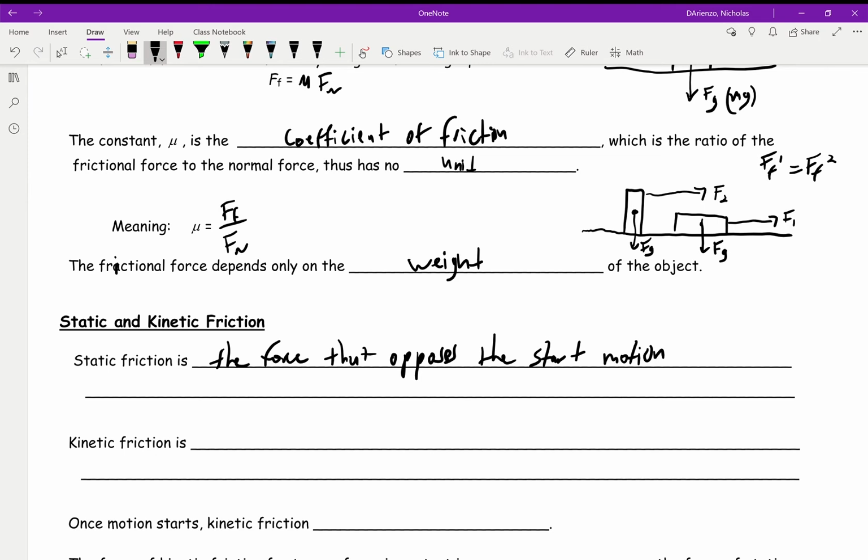Now once we get the object in motion, kinetic friction takes over. Kinetic friction is the friction between objects that are in contact when they're moving, or when they're in motion.